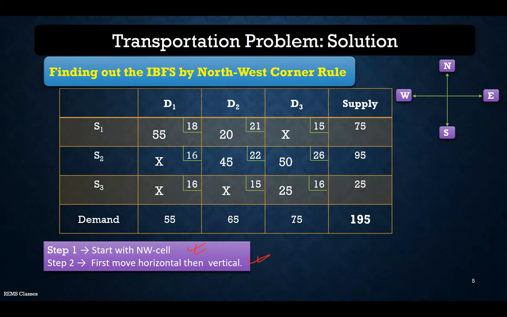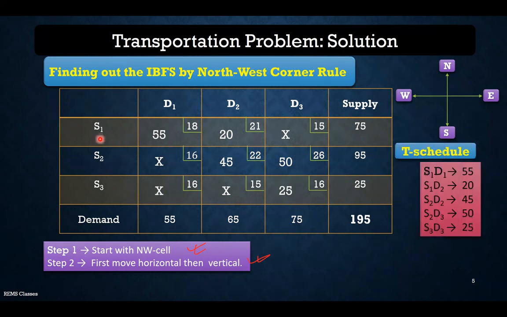Next we will find the transportation schedule. The transportation schedule is S1D1 is 55, S1D2 is 20, S2D2 is 45, S2D3 is 50, and finally S3D3 is 25. We can also find the transportation cost.